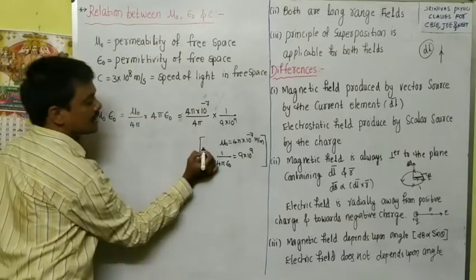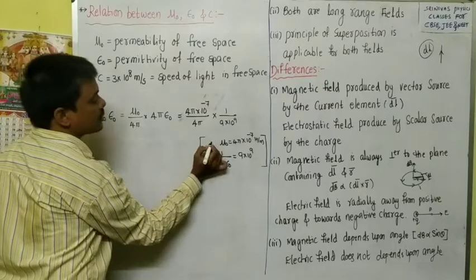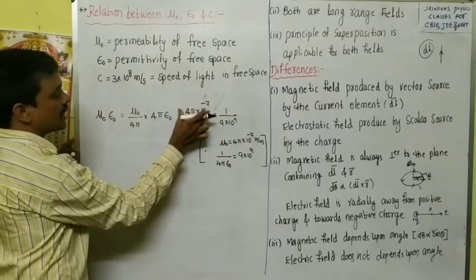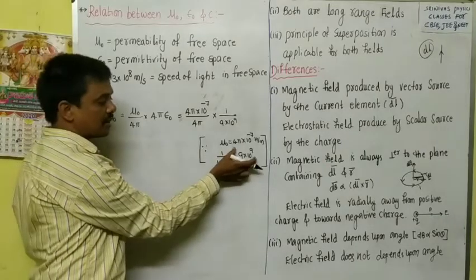Based on this we will write the equation. This is the first point and this is the second point. Mu naught value we are writing here, and 1 by 4 pi epsilon naught value, 9 into 10 power 9.